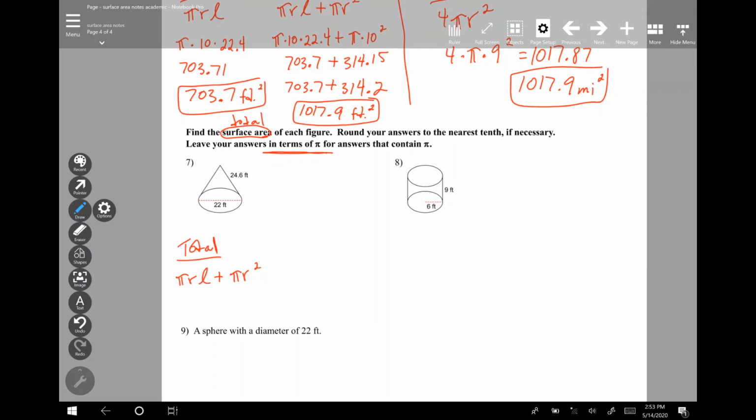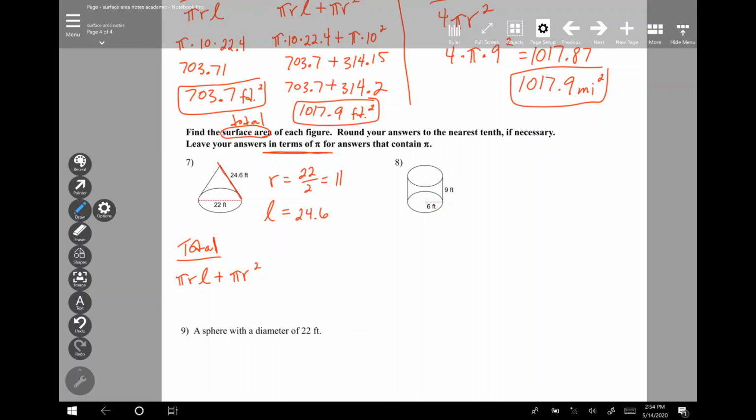It's nothing to it. So pi r l. The only thing I need from this cone is the radius and l, the slant height. So l is this 24.6. Radius, just do 22 divided by 2 because they give us the whole diameter, so it's 11.